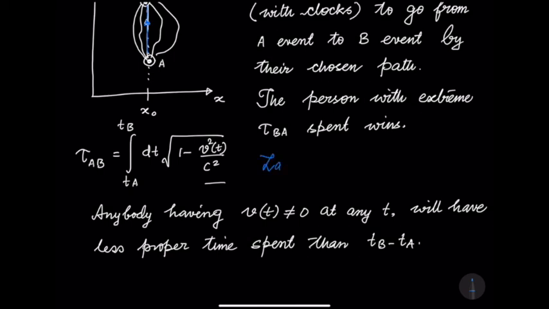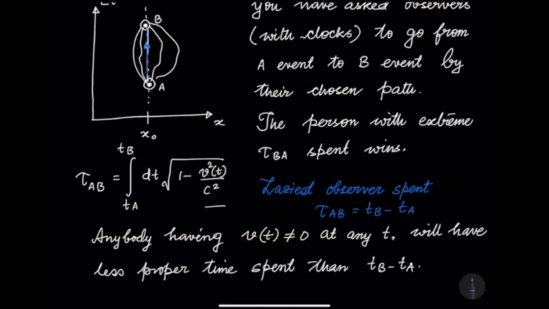The laziest observer has tau AB equals TB minus TA. Everybody else has a lower time. So this observer has the highest proper time, the blue observer, and he wins.